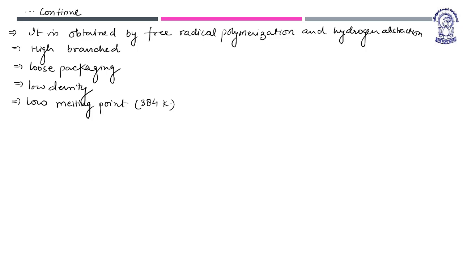That is why it is known as low density polythene. It is of moderate tensile strength, transparent, and chemically inert.